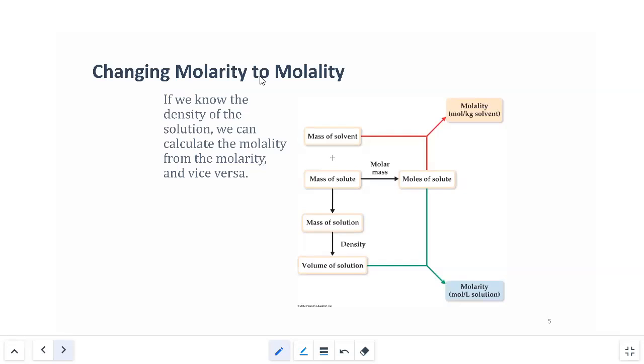The only difference is that the calculation here is just slightly more complicated because we're not dealing with solution to solution, but rather solution to solvent and vice versa.